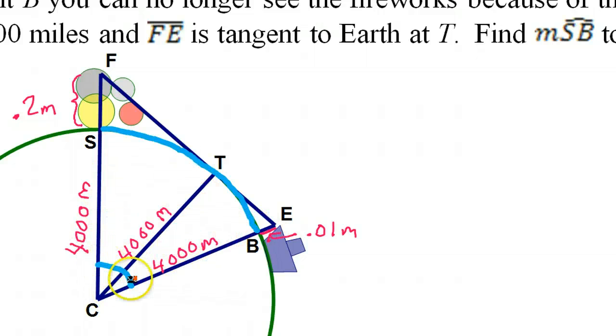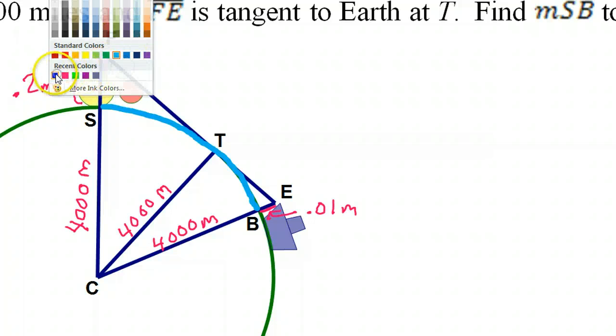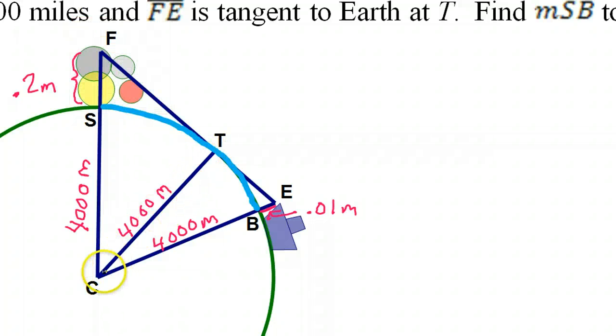All we have to do is figure out what this angle is, and obviously this angle is really 2 angles, so we need to find them both. It will be helpful to know that this is a right triangle, because a radius and a tangent are always perpendicular. So we can use our trigonometry: tangent, sine, cosine, that type of thing.